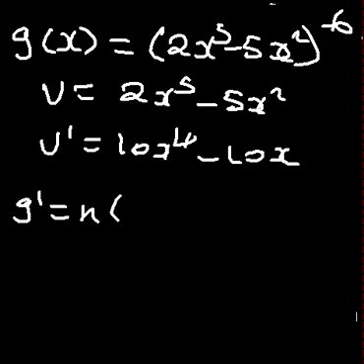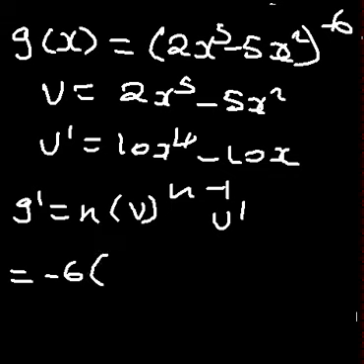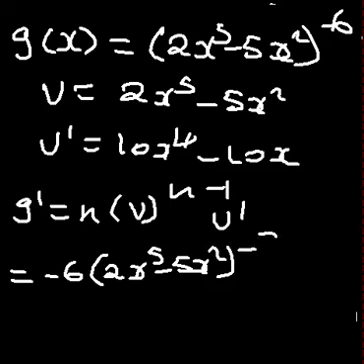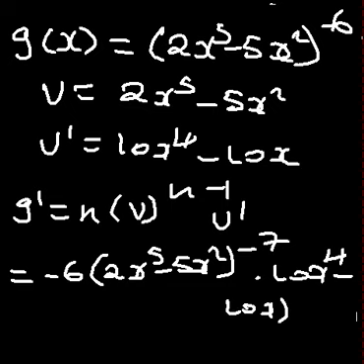We'll have n times v to the n minus 1 times v prime, which is negative 6 times (2x to the power 5 minus 5x to the power 2) to the power negative 7, times (10x to the power 4 minus 10x), which we have to simplify further.